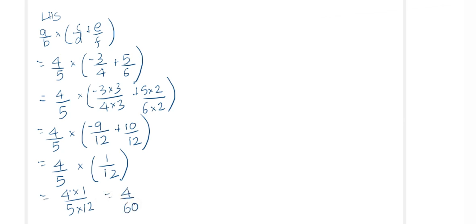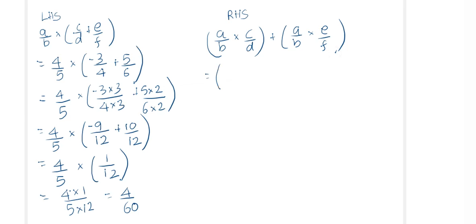Now let's check the RHS. So RHS is a by b into c by d plus a by b into e by f. So here you have 4 by 5 into minus 3 by 4 plus 4 by 5 into 5 by 6.